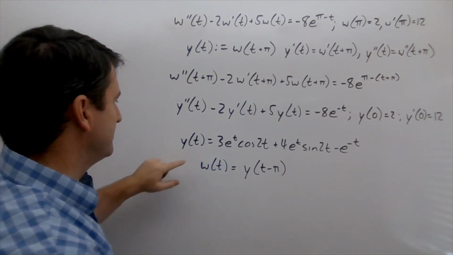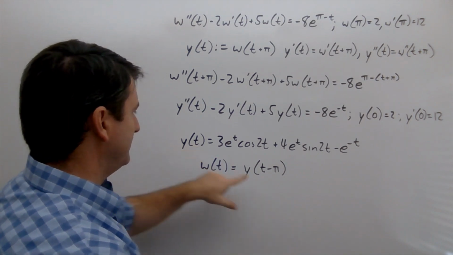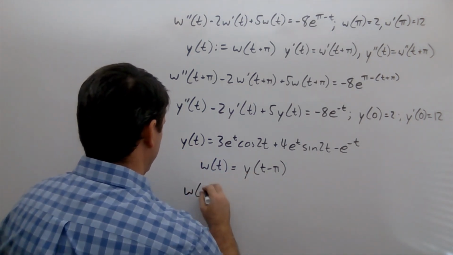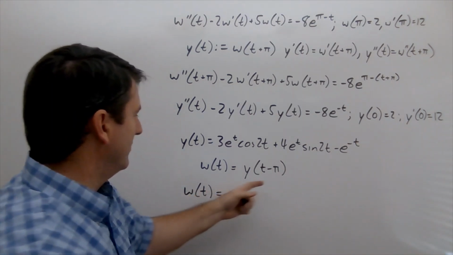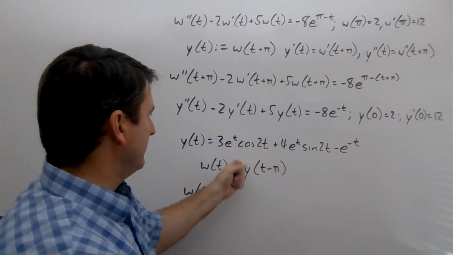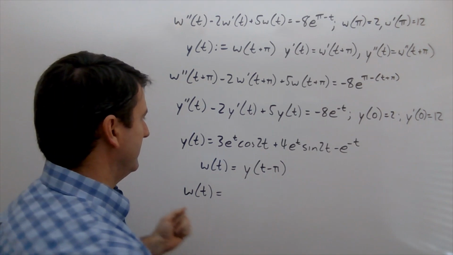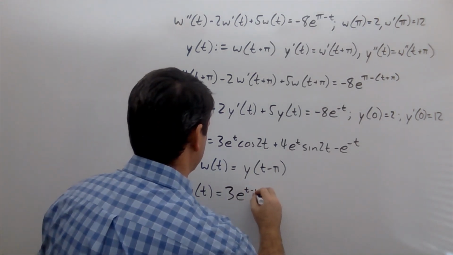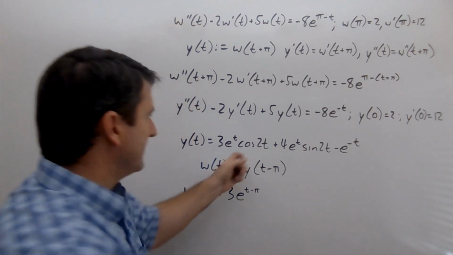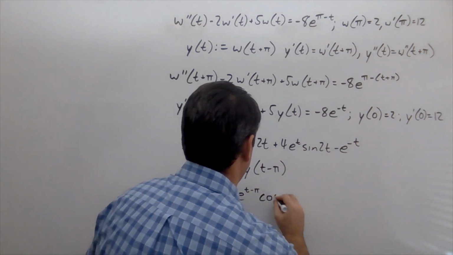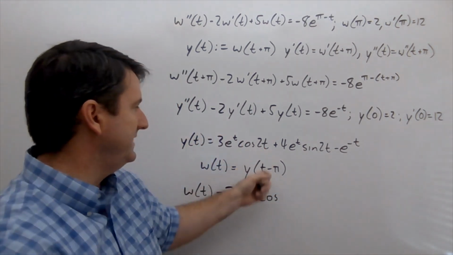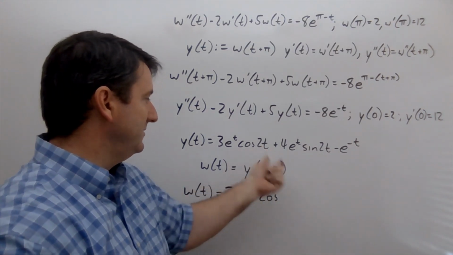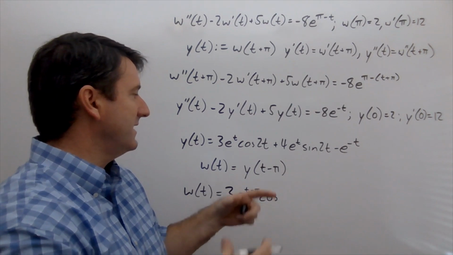And so let's replace this y of t with y of t minus pi. So w of t is going to be equal to all of this with the t's replaced with t minus pi. So this is going to be 3e to the t minus pi times the cosine of 2t minus 2 pi.